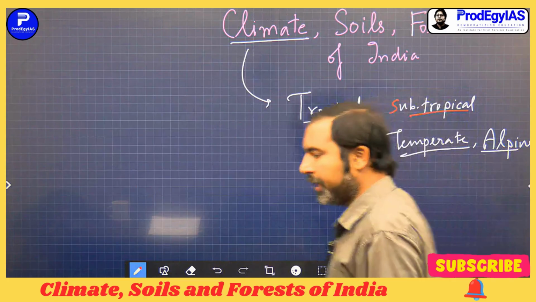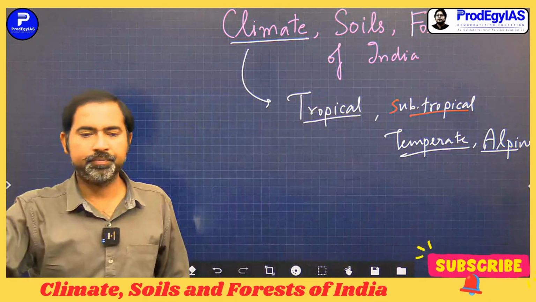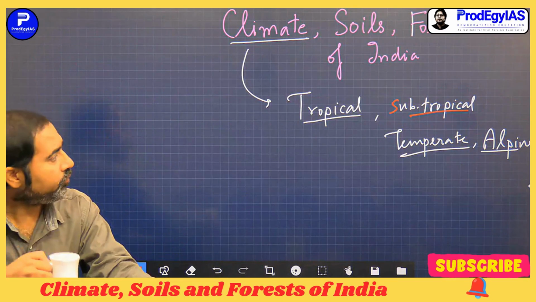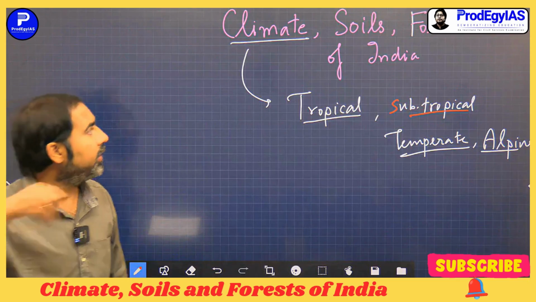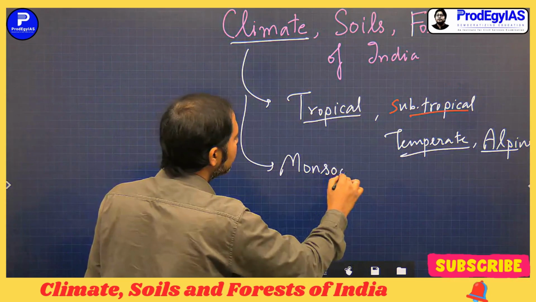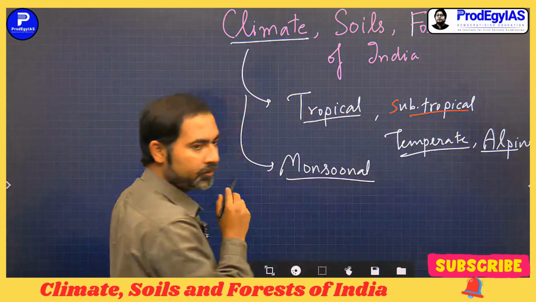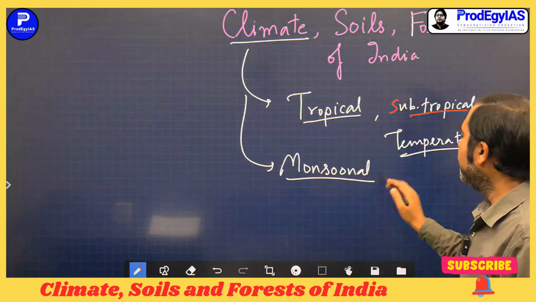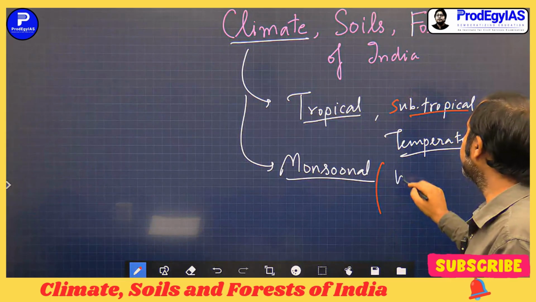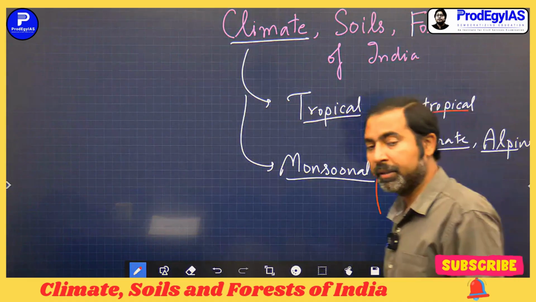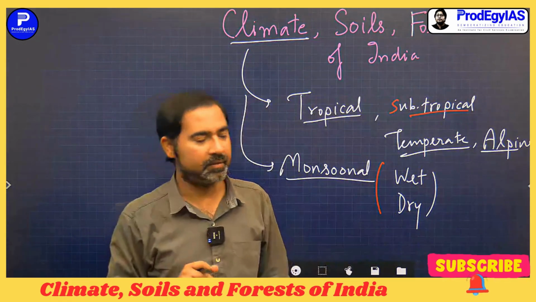Largely, these four types of climate are found in India, right? Indian climate is also known as monsoonal climate. Because of this monsoonal climate, there is a wet season and there is a dry season.